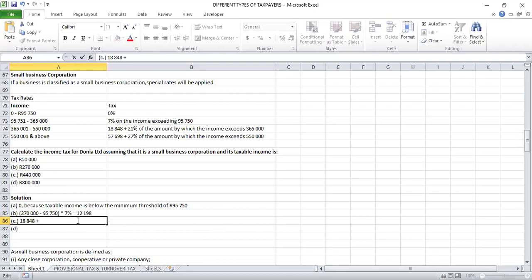and an additional tax on the income exceeding the 365,000, which attracts a tax of 21%.